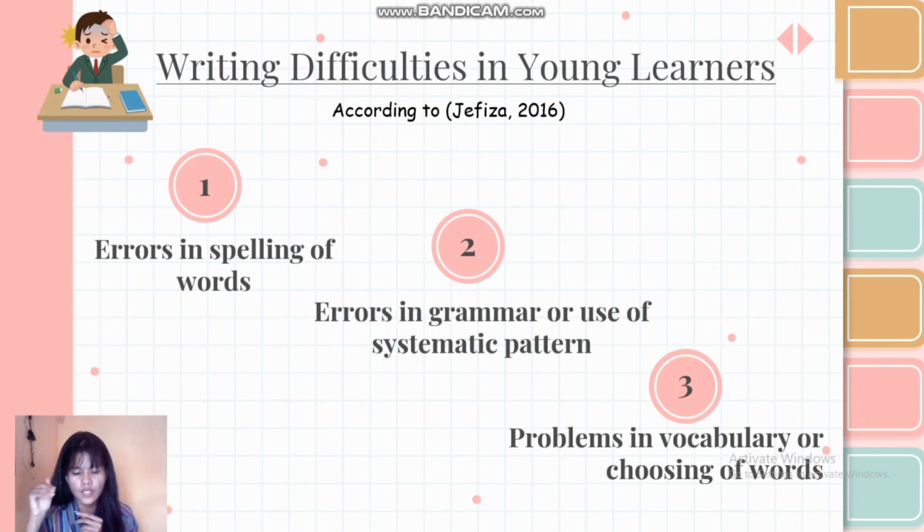Well, in this section, based on the research from the journal that I read from Jevisa, vocabulary is not a big problem for the learners, because the teacher has given them some words to be used in writing sentences, but they are just confused about choosing the words to build their sentences.